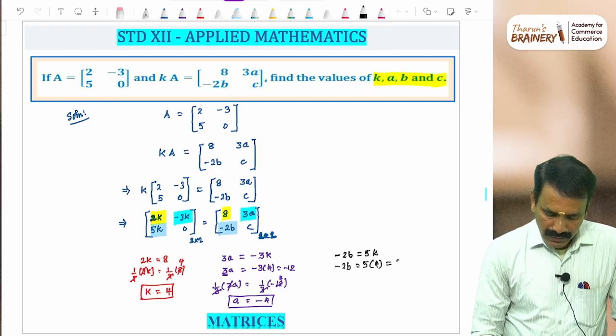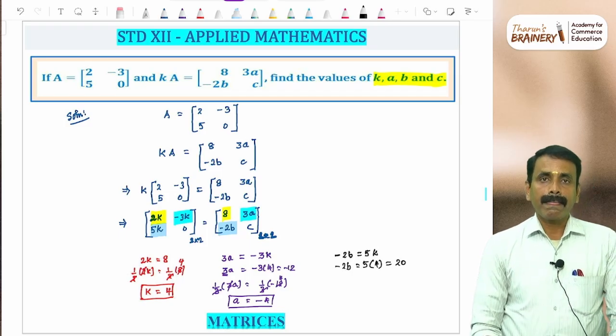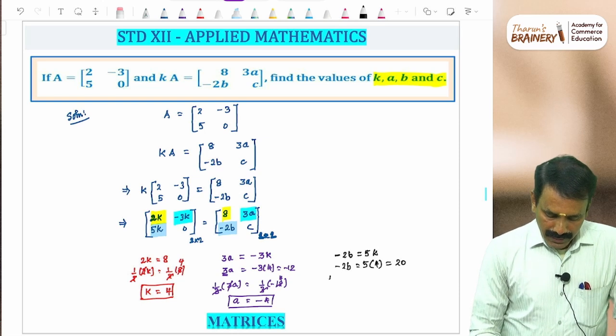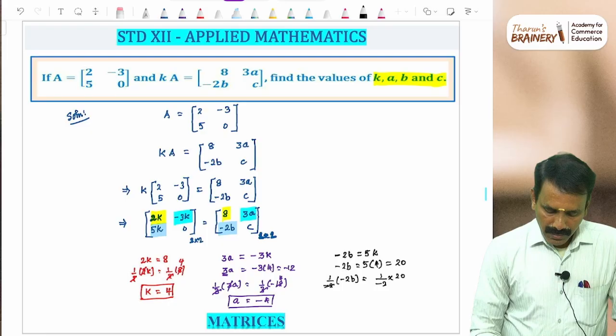What is 5 4s? 5 4s are 20. Now, I want to eliminate -2. So I multiply by the multiplicative inverse of -2. So, 1/(-2) into -2b is equal to 1/(-2) into 20. So -2 cancels on the left hand side. So b is equal to, if you cancel 2 here, 10. So the answer is -10.